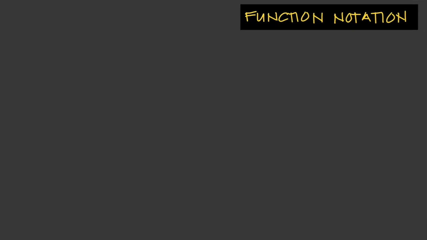We've already discussed from the previous video about functions, how to identify a function, and how to know whether a relationship is a function. So once we know we have a function, we often change the notation used to emphasize the fact that it is a function.